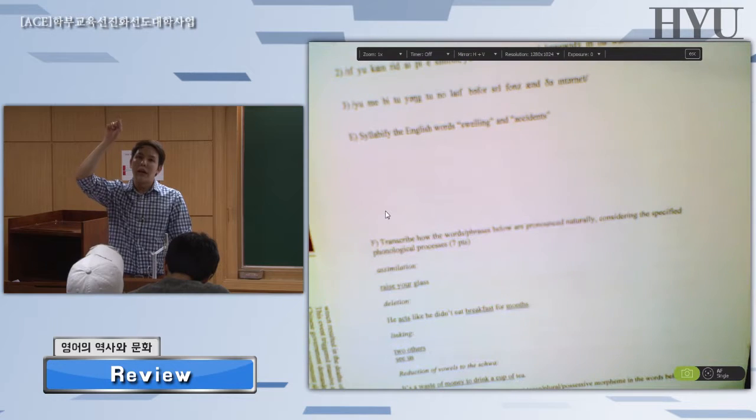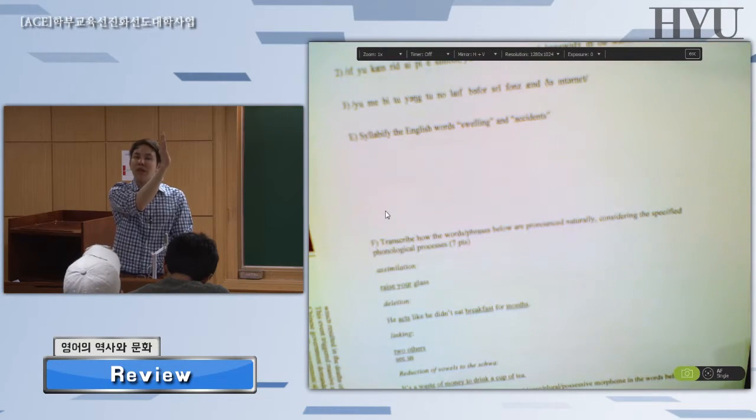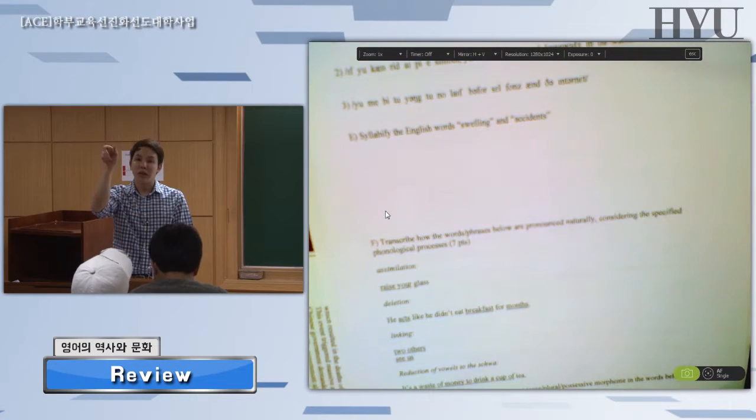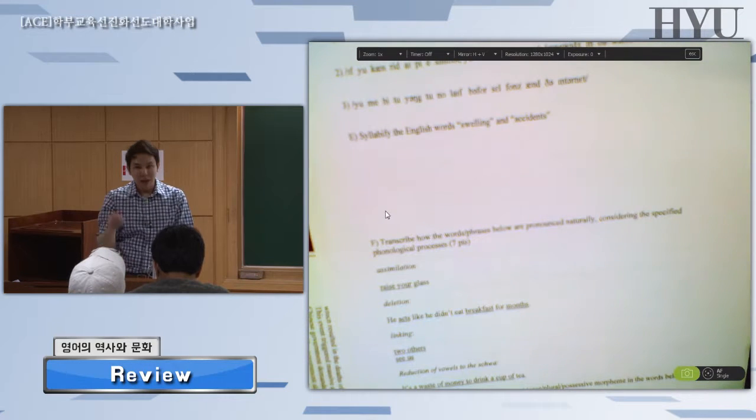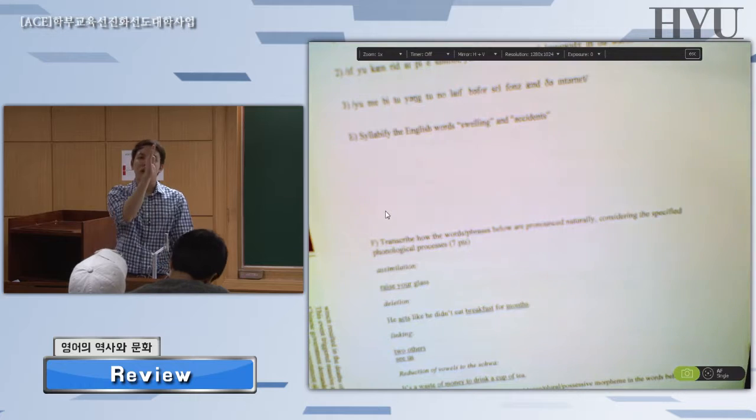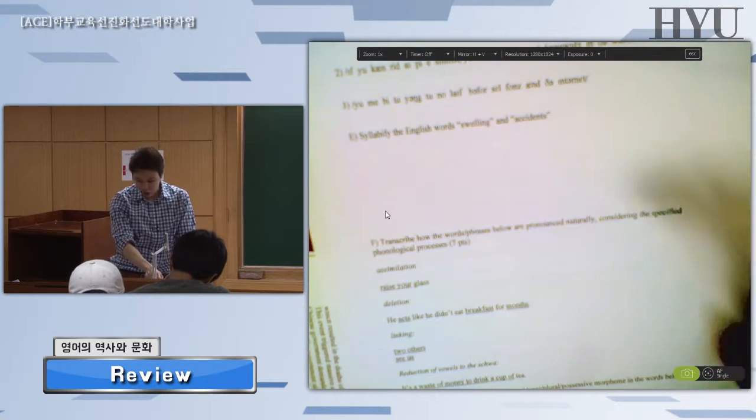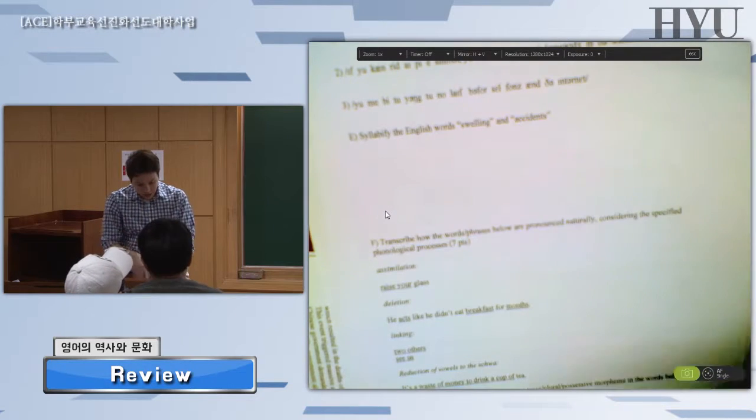We have to identify the nucleus first, and then look to the left of that nucleus and see if you can pull that consonant or group of consonants as the onset of the nucleus or not, right? If you cannot, then part of that consonant cluster will be the coda of the preceding syllable, like that. I'll show you how to do this when we get to this point.